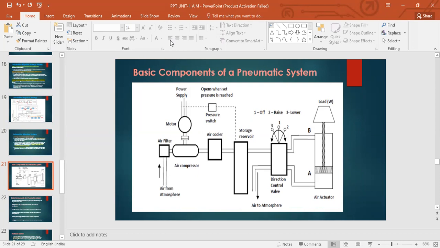What is the driving medium in a pneumatic system? Just so that we are clear. Air, yes. So you are using air, or to be precise, compressed air, to control devices, in simple terms.